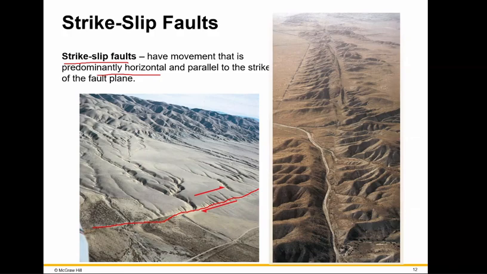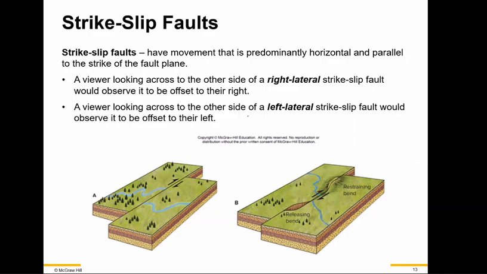Same thing you see on this diagram here. Okay. Where you have horizontal movement along, so there's a fault that is running across here. All right. And in fact, it has been displaced by that movement. Okay. So please take note of what a strike slip fault is all about.